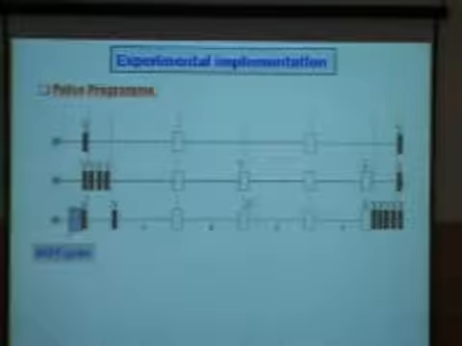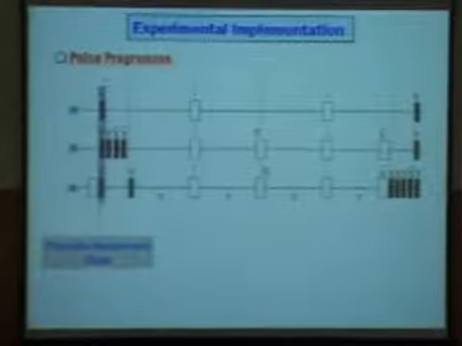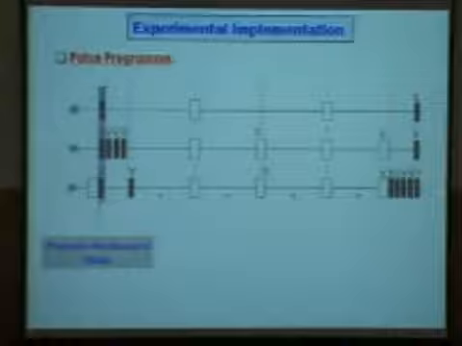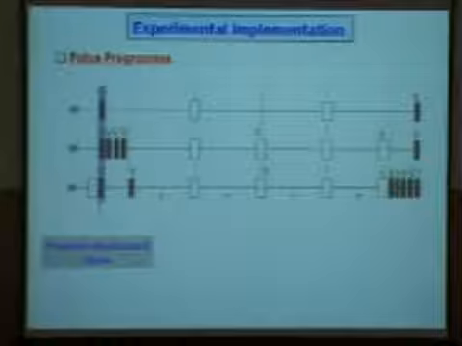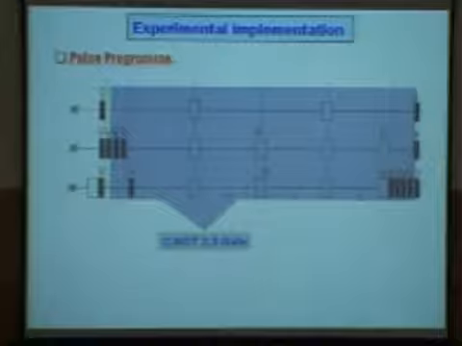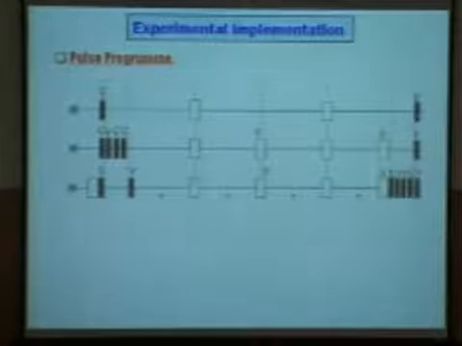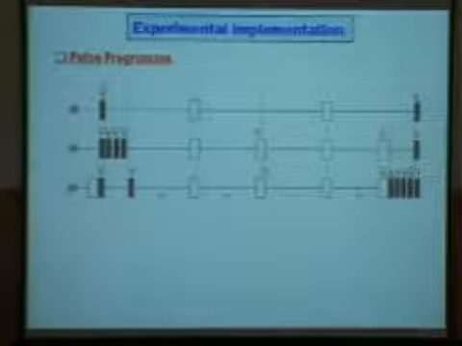The pulse program for doing this is given here. It starts with a NOT gate to correct the phase. Then we perform a pseudo Hadamard gate by applying a 90-degree pulse on all of these qubits, then apply a C-NOT 2-3 gate here, and I don't want to go through the details of this operation, then another pseudo Hadamard.